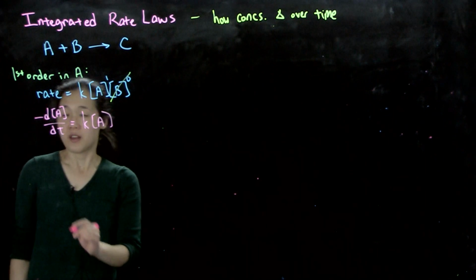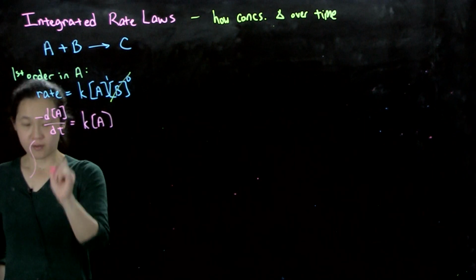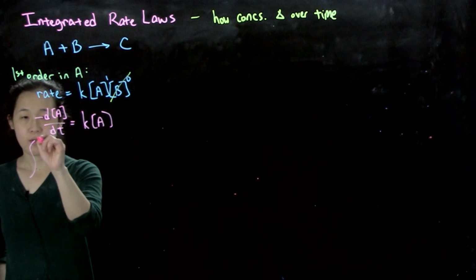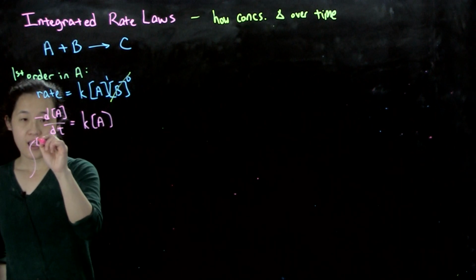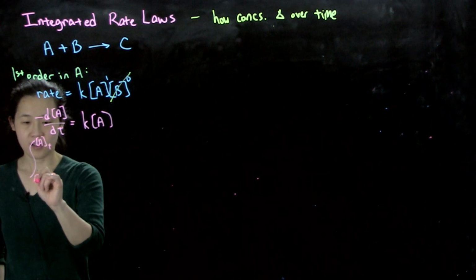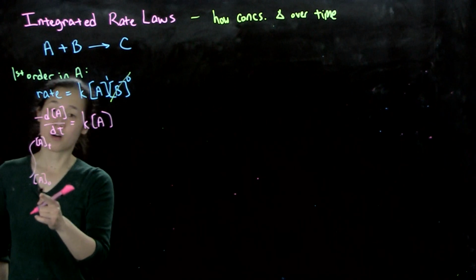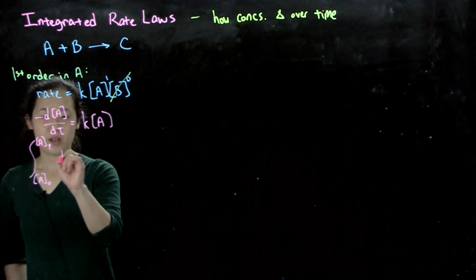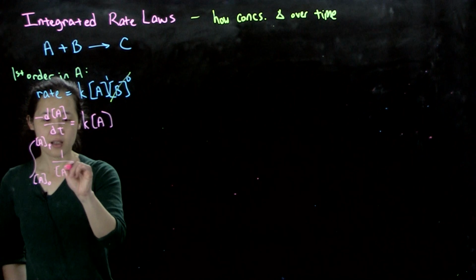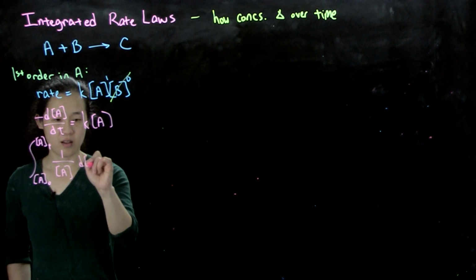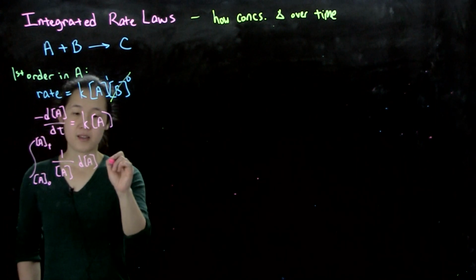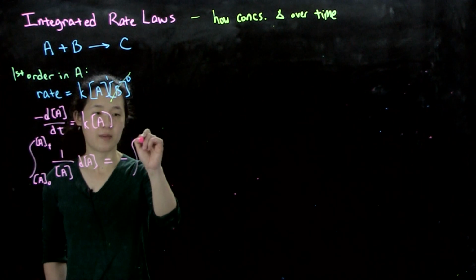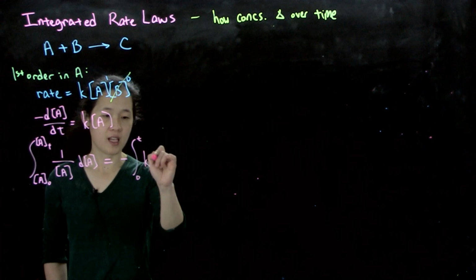And then if we integrate this, we'll move dt to the other side, A to this side, and then we'll integrate from A at time t to A0, our initial concentration of A. So this will be 1 over A dA, and this equals negative, integrating from time t to time 0, K dt.